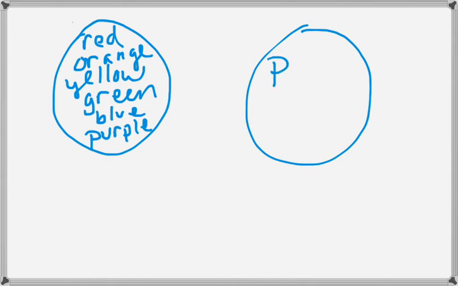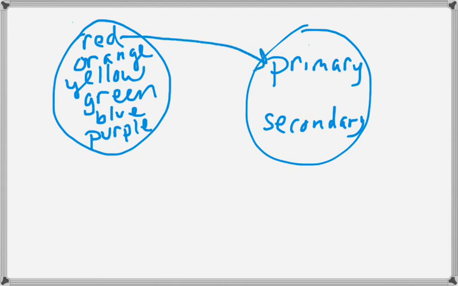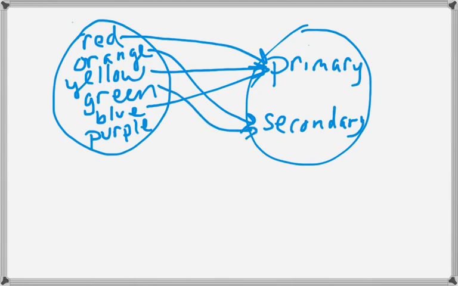And our outputs could be primary and secondary. So maybe we wish to map the primary colors to the word primary, so that would be red, yellow, blue. And then we can map the secondary colors to the word secondary, so orange, green, and purple.